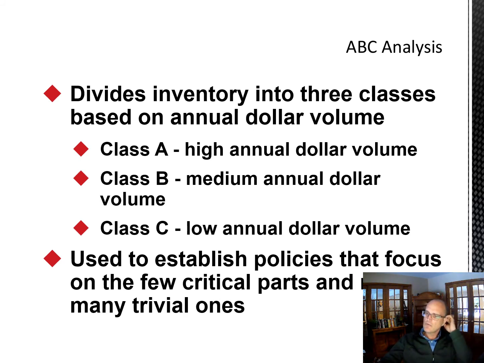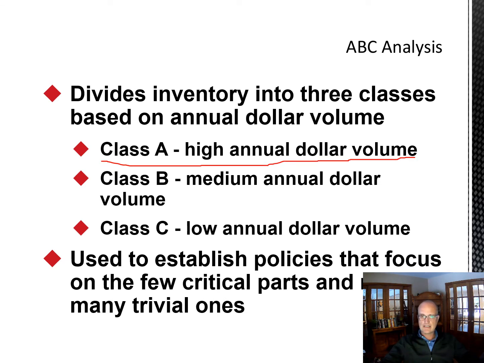So one approach is really quite simple. It's called ABC analysis. And ABC analysis divides inventory into three classes based on annual dollar volume. So class A is high annual dollar volume. So that can be lots of product that's not very expensive, but as a whole it's high value, or small volumes at high prices. The things that cost us the most we pay more attention to.